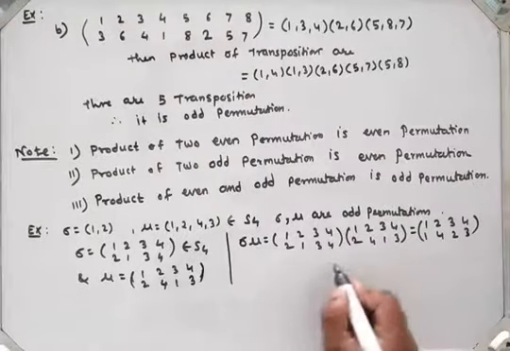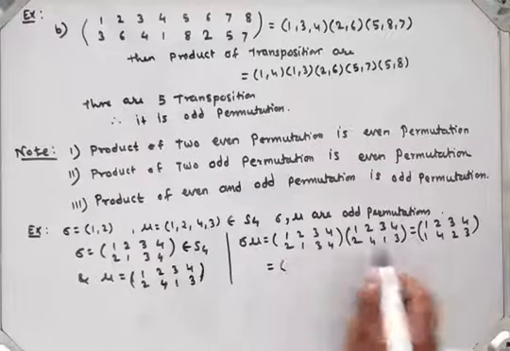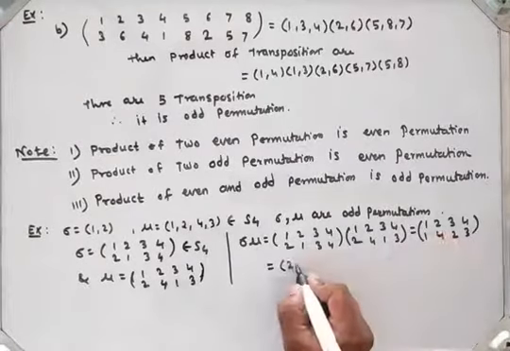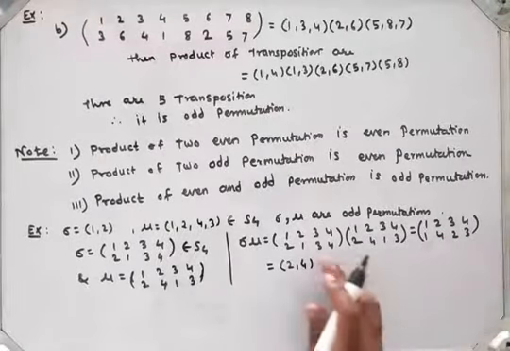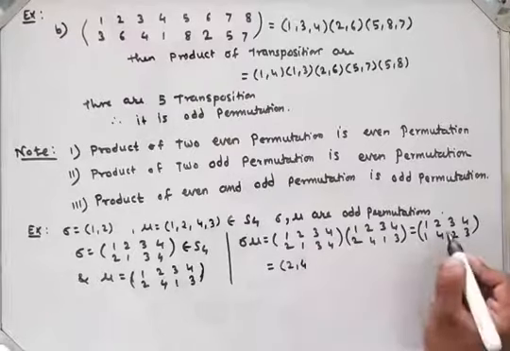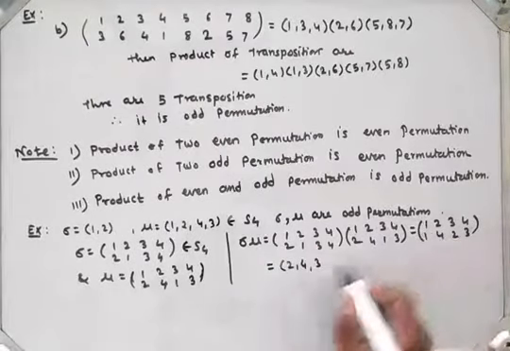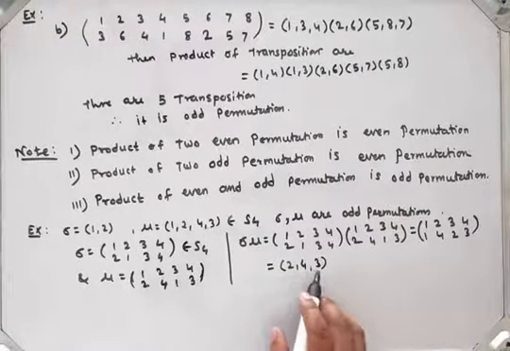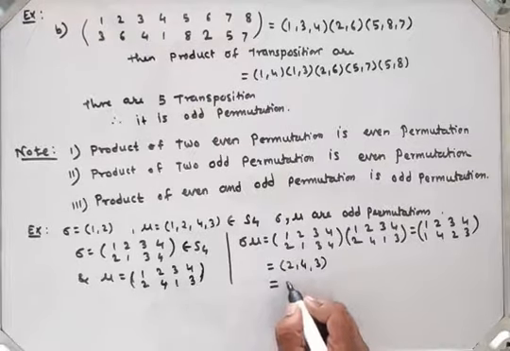To find the transpositions, first find the cycles. So 1 goes to 1, it is fixed. 2 goes to 4, 4 goes to 3, and 3 goes to 2. So this is a single cycle of length 3.